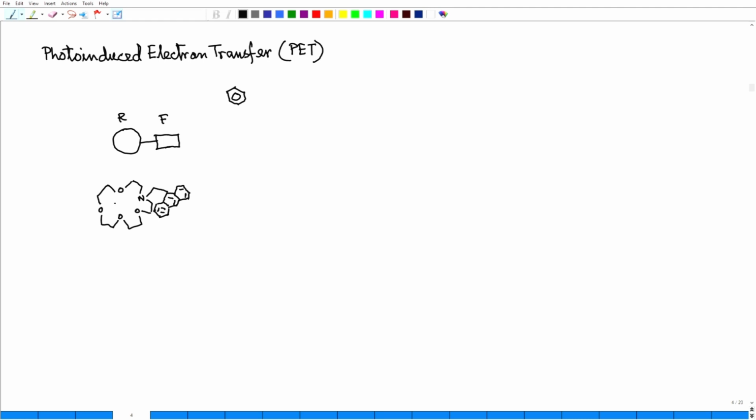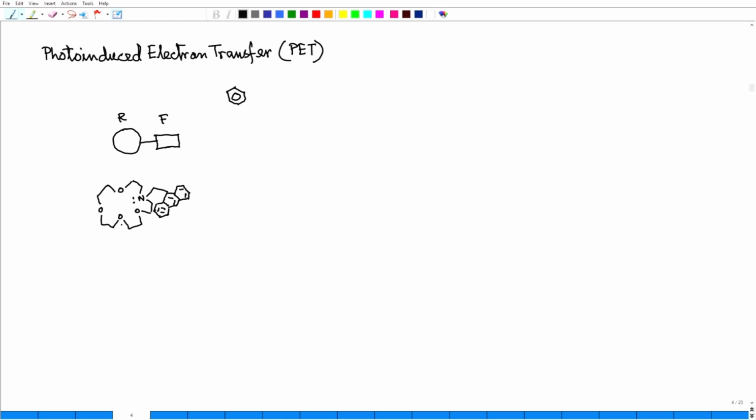The receptor has nitrogen, which has a lone pair. Remember, nitrogen will have a lone pair of electrons, and this can easily be reacted.